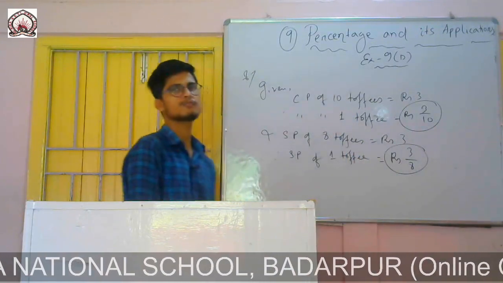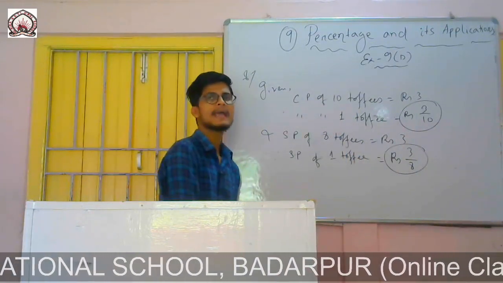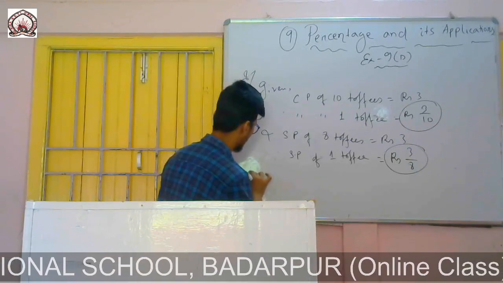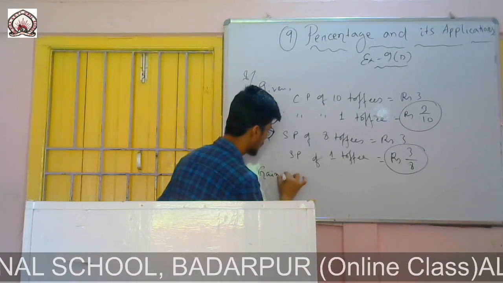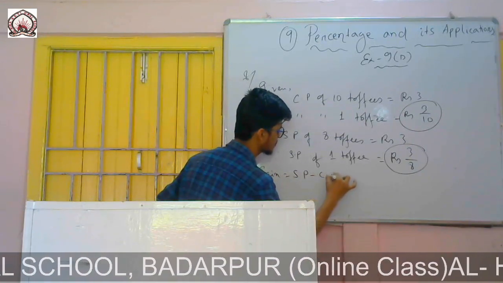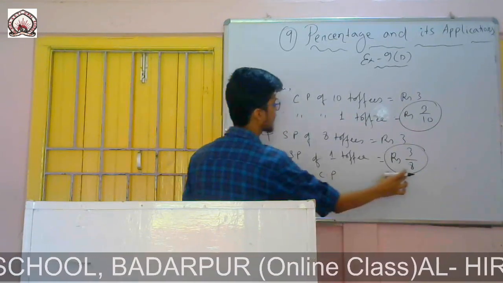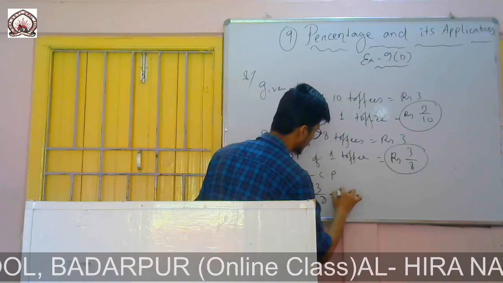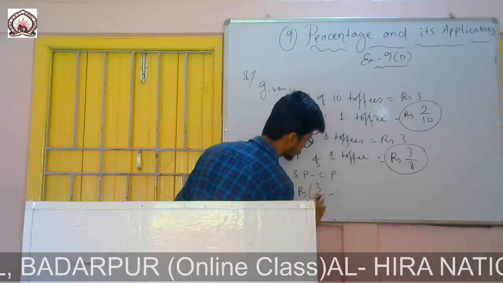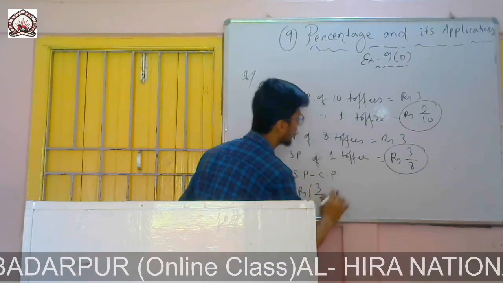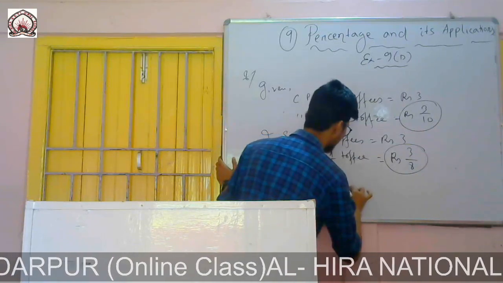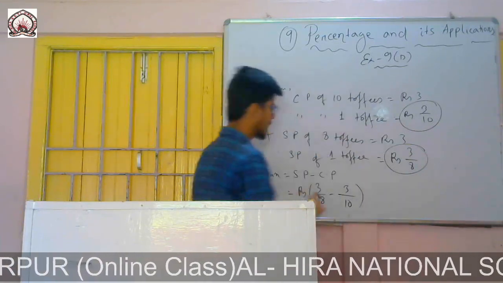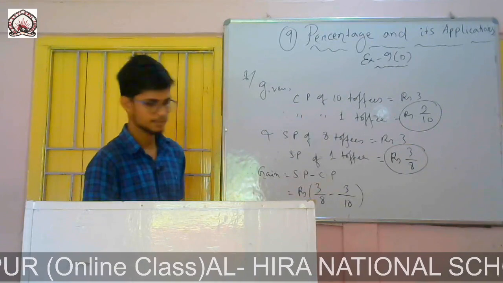So we know how to find the gain. Gain is equal to SP minus CP. SP is given as 3 by 8, so you write rupees 3 by 8 minus 3 by 10.